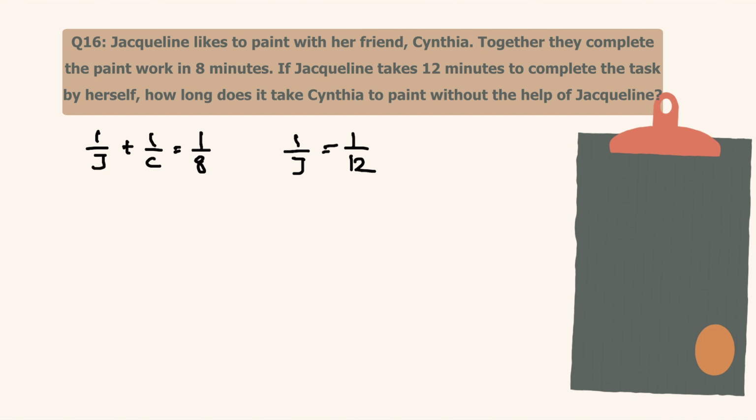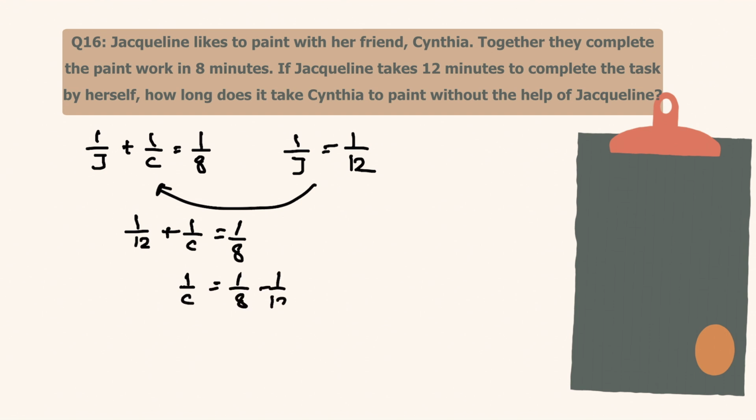And they are asking how much time Cynthia takes. That is very simple. We have to substitute this value here. 1 by 12 plus 1 by C equal to 1 by 8. 1 by C will be, what is the answer you are getting? 24. So 24 is the answer. Is it a simple question?